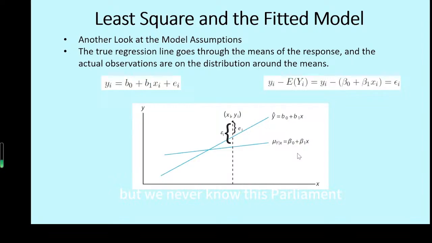But we never know these parameters. We can only estimate them using b0 and b1 here. So this line is called the fitted line or linear regression line. The estimation of linear regression is based on least squares, which will minimize the sum of squares of this error.